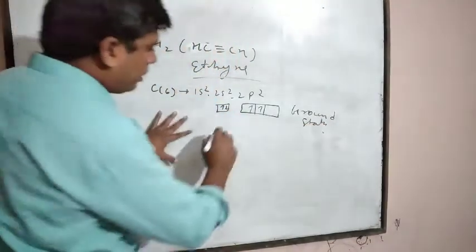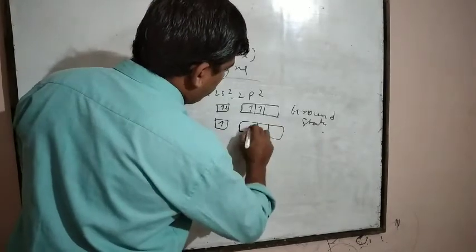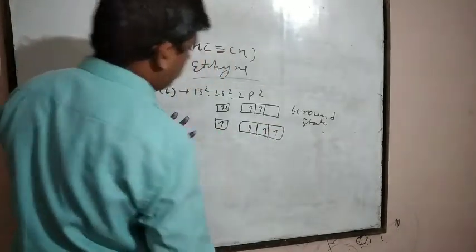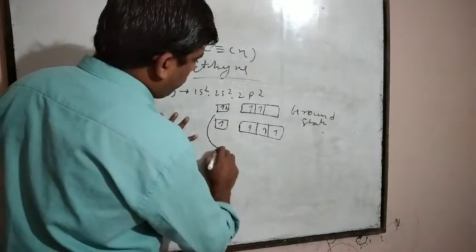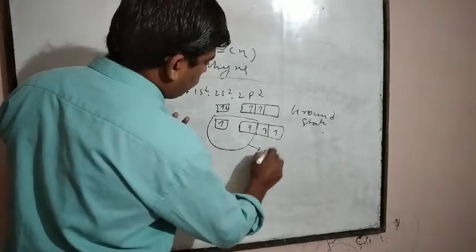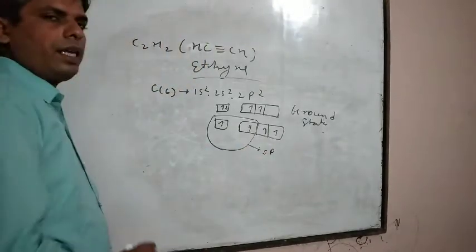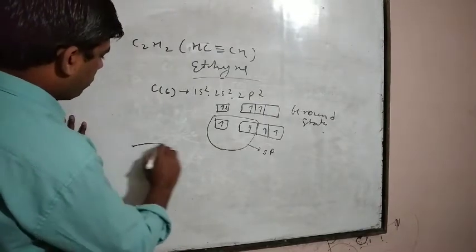And in the excited state, what happens? 1 electron jumps from 2s. Now here 1 orbital of 2s and 1 orbital of p intermix together to show sp hybridization. Here 2 hybrid orbitals are formed like this.